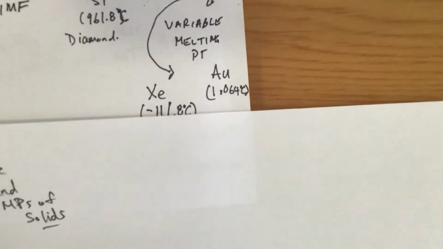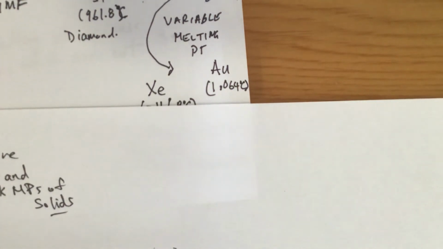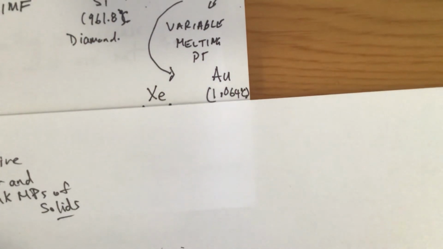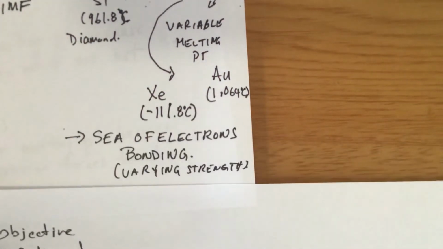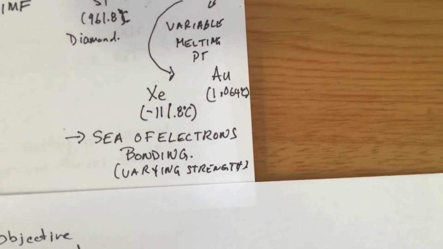So for example, gold has a very high melting point. It stays solid pretty readily, but it melts at 1064 degrees Celsius. Okay, so the sea of electrons confers varying strength to the different atoms. Okay, so that's the idea behind this.